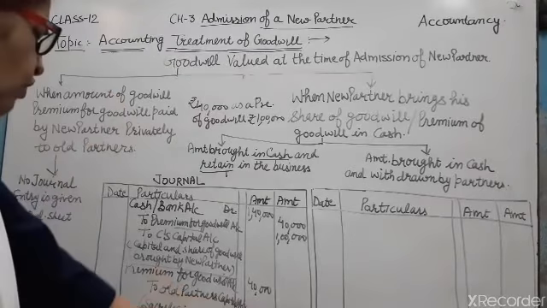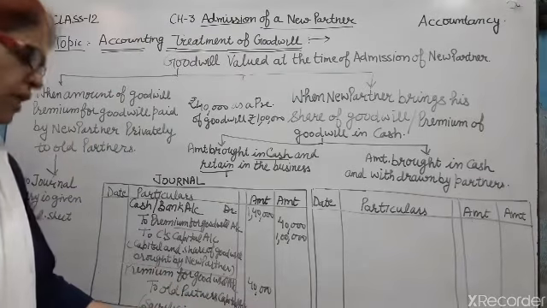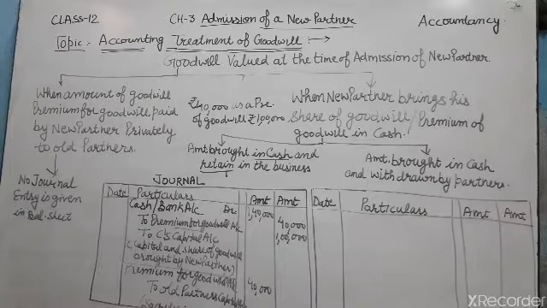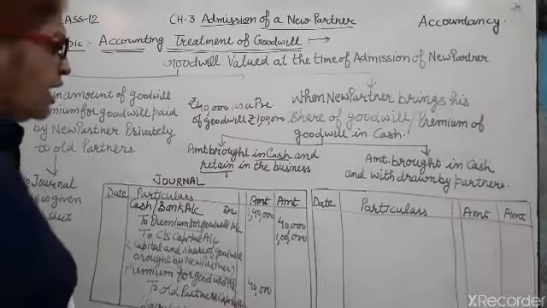This amount of goodwill is divided among the partners in their sacrificing ratio. Only two journal entries are made when the amount is brought in cash and retained in the business.